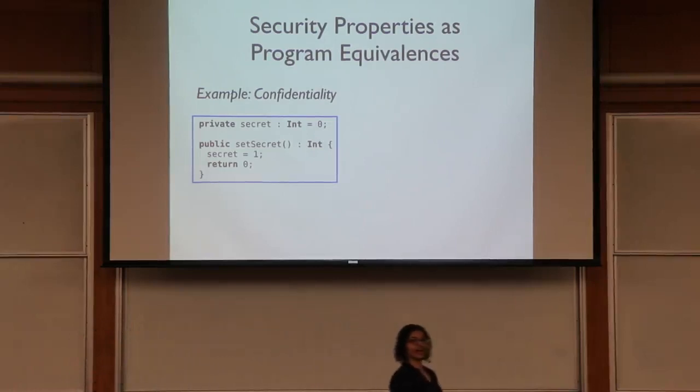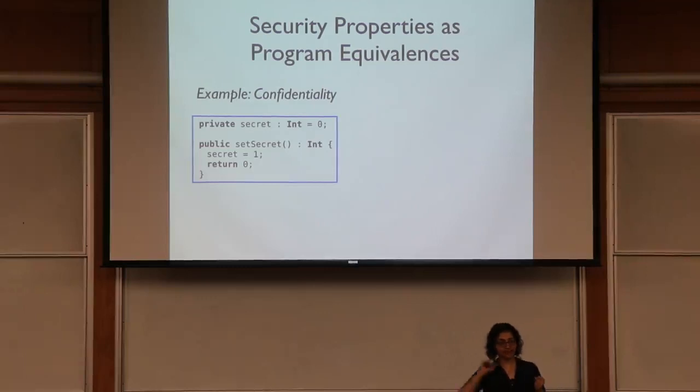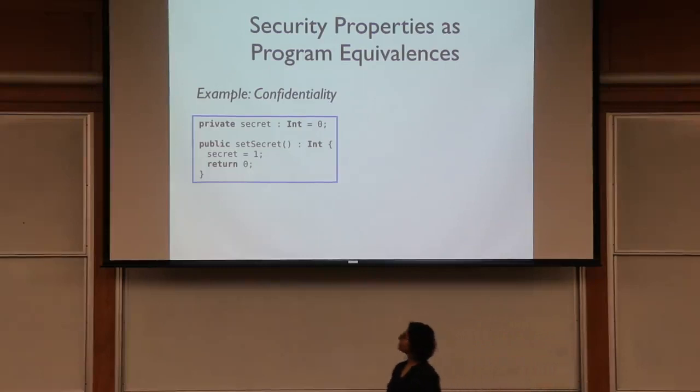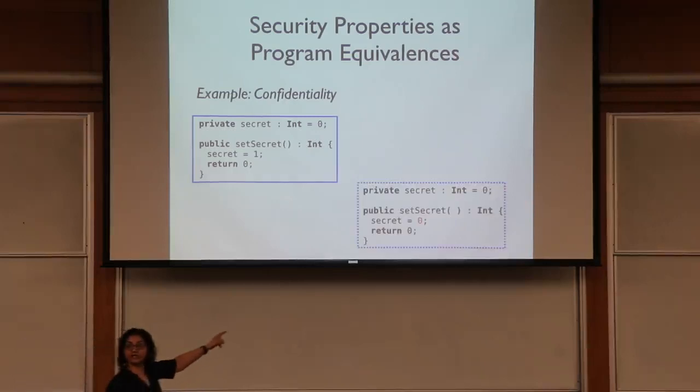It says that if you have a program with some secrets, and you change the contents of those high security variables, you should not be able to tell the difference. For now, intuitively, if confidentiality holds in the source language, then this code should be equivalent to this code here, where my secret is some other value, a 0.